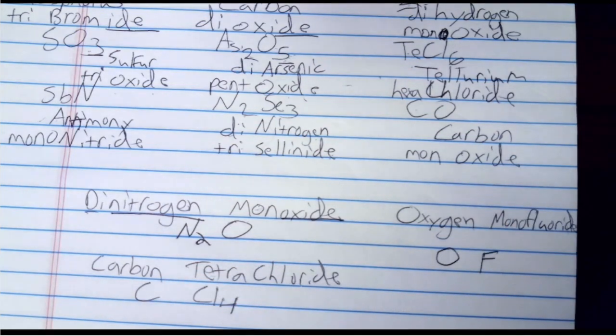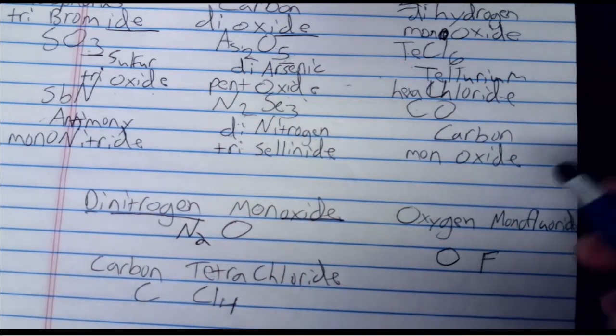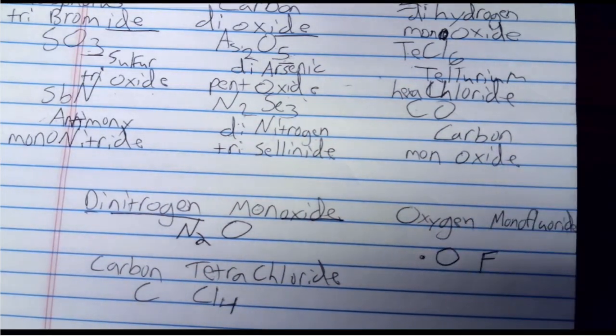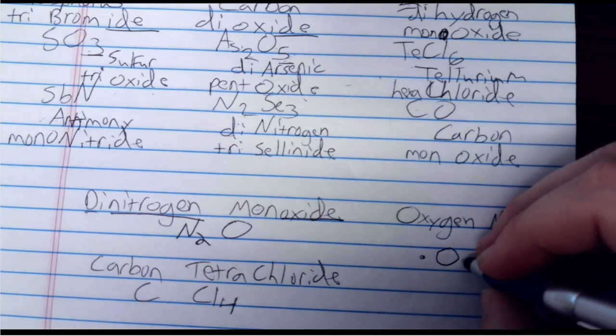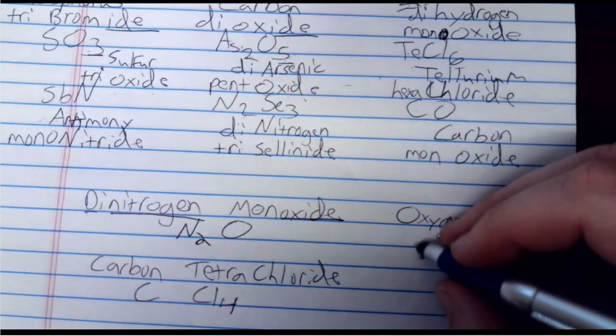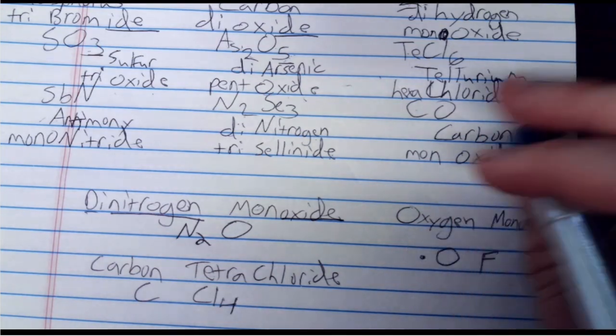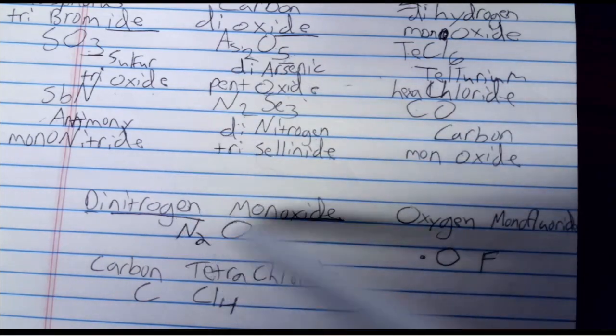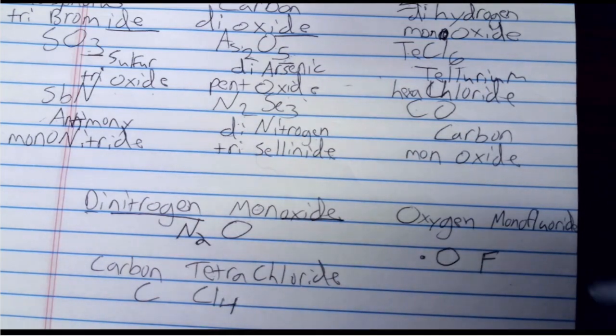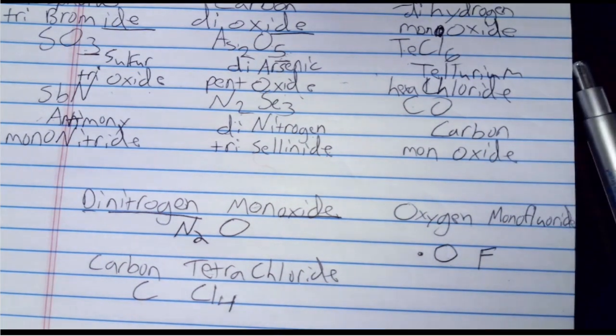O of 1. So this guy would actually be some very powerful, very reactive gas, but just know that it's O1F1. That would be how you would turn the name back into the structure. But that's where we'll be stopping for this video.